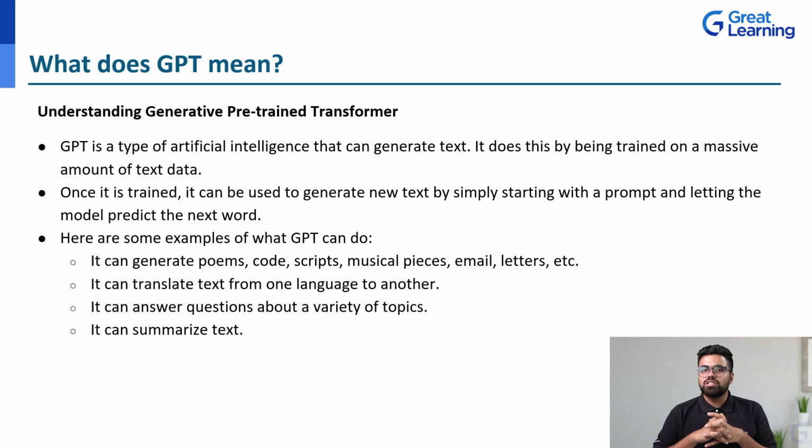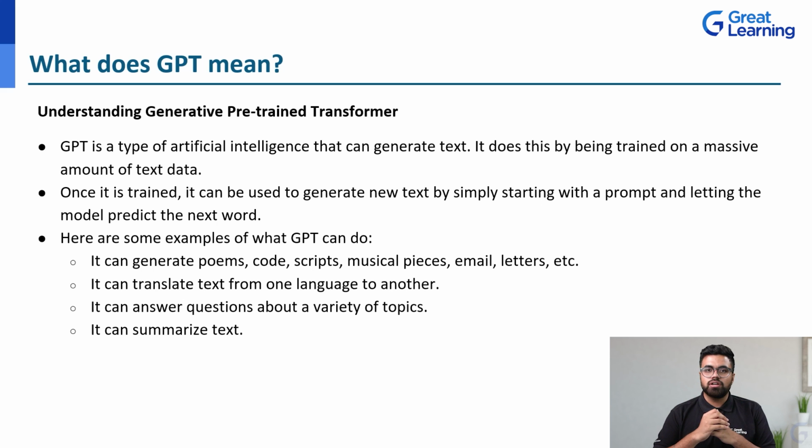I'll be giving you a hands-on of this tool, how it works in a more simplistic way, so that you get more comfortable with using ChatGPT as a tool. Examples of what it can do: it can generate poems, write code, scripts, musical pieces, emails, letters, and much more, right? It also has a special ability to translate text from one language to another.